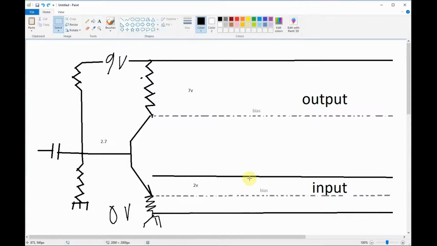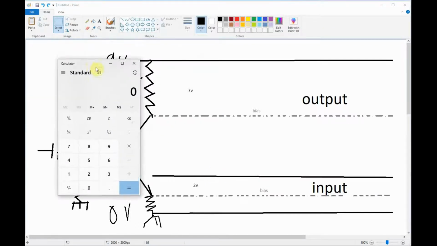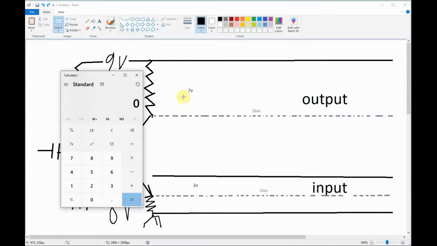It's 2 volts peak to peak, and your output signal is going to be 7 volts total peak to peak, or 3.5 on either side of this bias. So you can do it either way, but that just means that the gain you need is going to be 7 divided by 2. That's the maximum gain that this circuit can do.